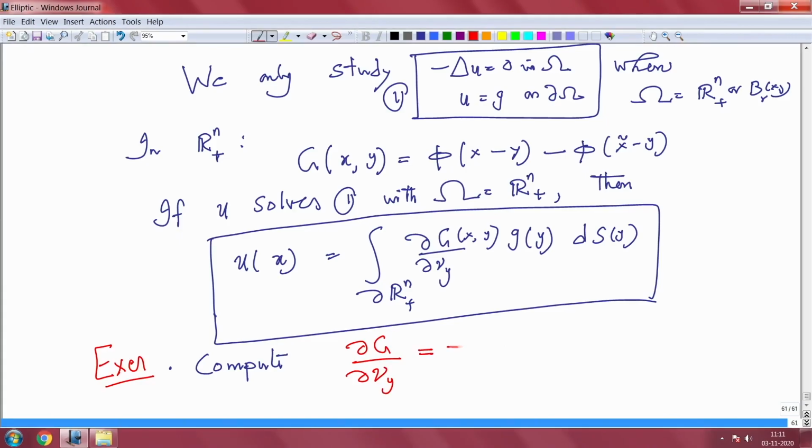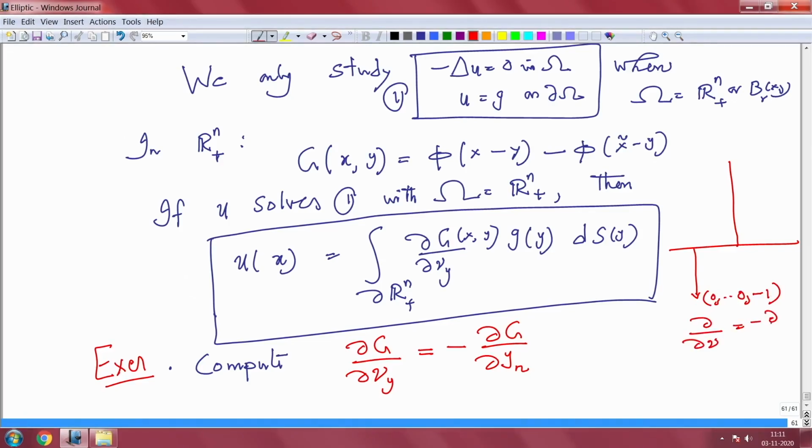This is already equal to dG by dy n, because the normal here is 0, ..., 0, minus 1. So, d by d nu, the derivative will be minus d by dy n, the nth derivative. It is easy to do that one.